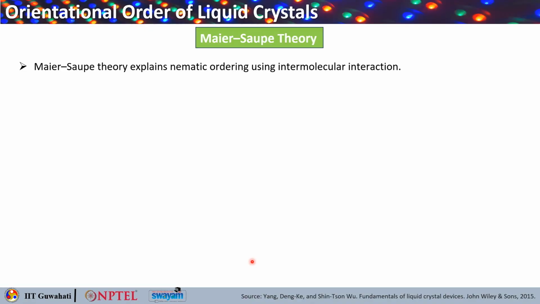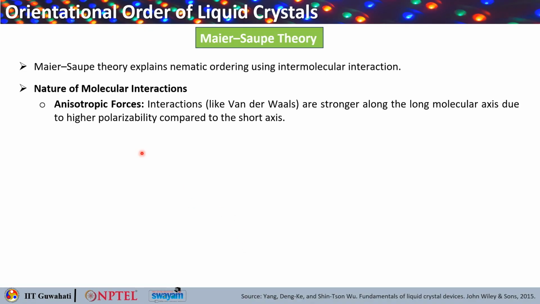So, now we will go to this theory, which is Maier-Saupe theory, that basically helps us explain the nematic ordering using the intermolecular interactions. So, what is the nature of the molecular interaction? The first one is anisotropic forces, something like the van der Waals interactions, which are stronger along the long molecular axis due to the higher polarizability when you compare them with the short axis.